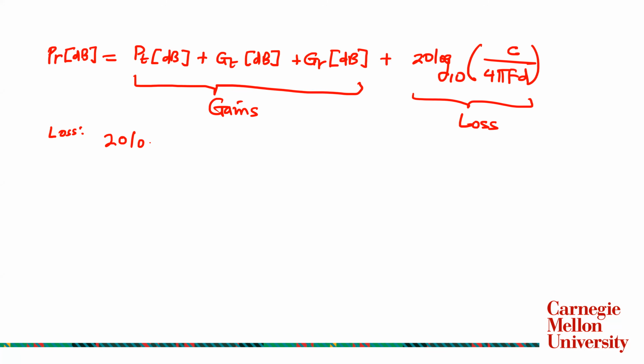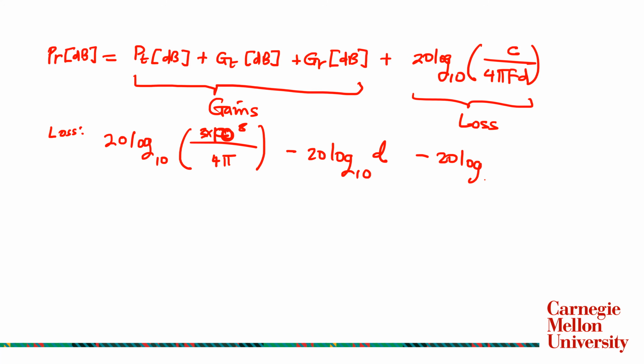That becomes 20 log 10 of C, which is 3 times 10 to the power 8, over 4 pi, minus 20 log 10 of D minus 20 log 10 of F. The reason why these are negative is because they are in the denominator.